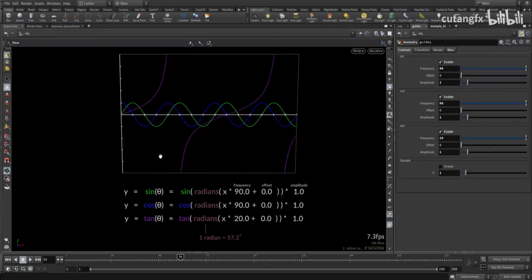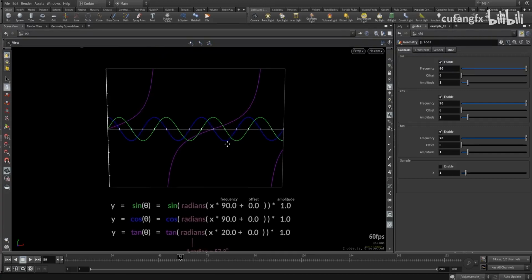You might at some points, if you want something to enter the screen, so screen left, and ease into the center of the frame and go slower, and then move out of the frame again to the right, and then re-enter on the left. Then you could put your x position value through a tan function, and it would ease into the center, then go out, and then loop back around.